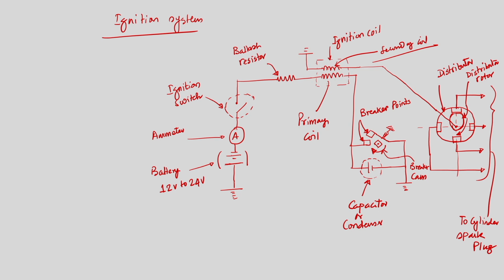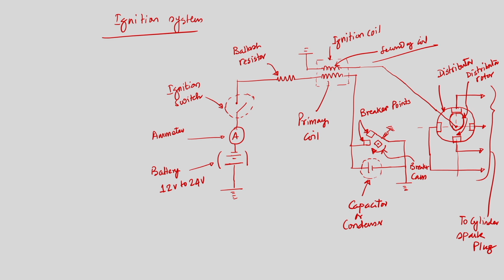When current is flowing in the primary coil, we have understood from the second schematic that there will be an induced current in the secondary coil. But the induced voltage is so low that, because of this flow of current through the primary coil, an EMF will be developed in the secondary coil, but that EMF is not large enough to break the spark gap.